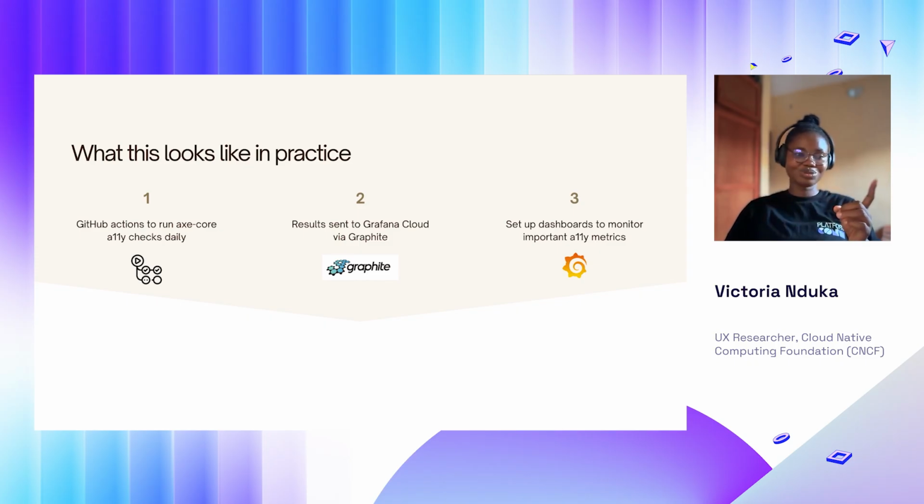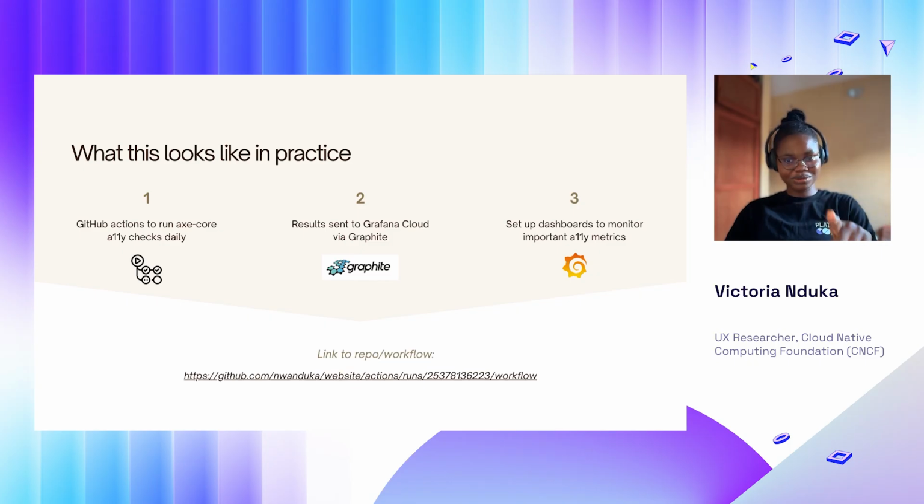That defeats the entire aim of continuous monitoring, so I had to switch to Grafana Cloud using Graphite. That goes to show that there's more than one way to implement this. You can use whatever tools match your specific use case or whatever tools you're already using in your organization.